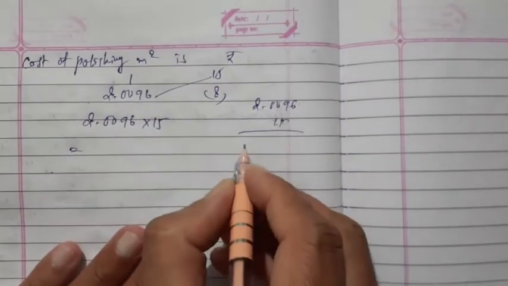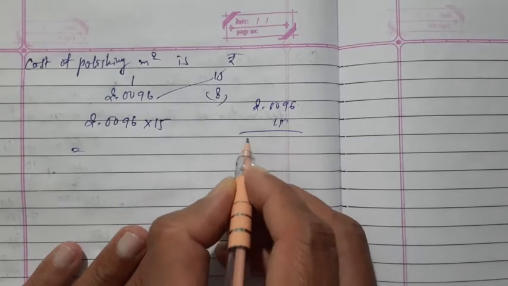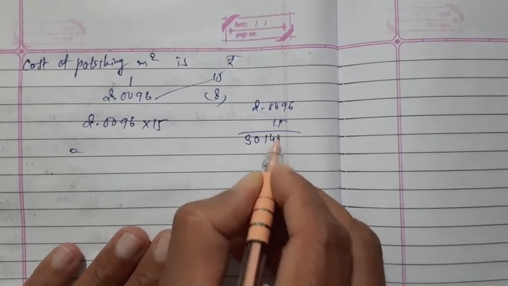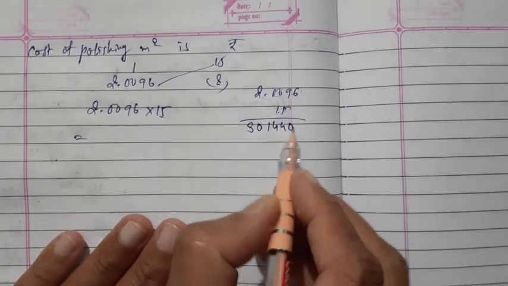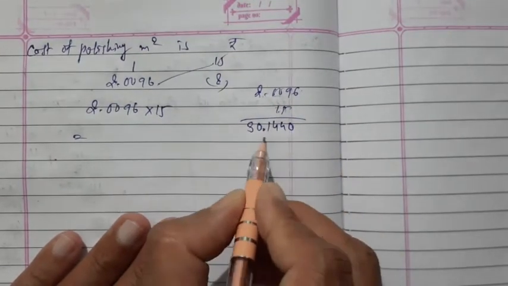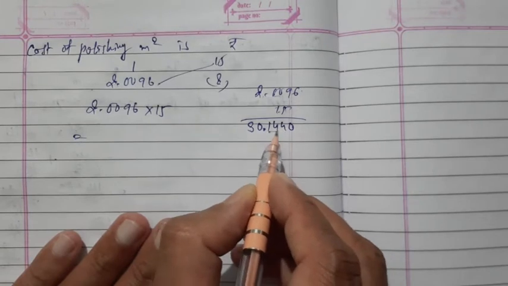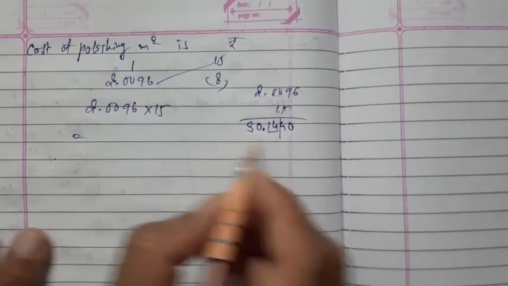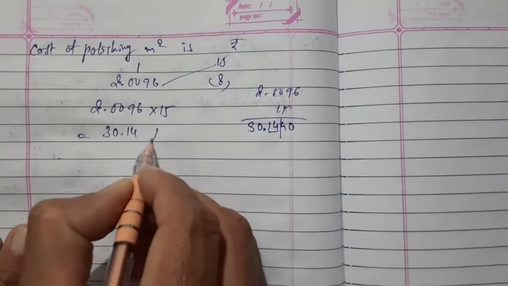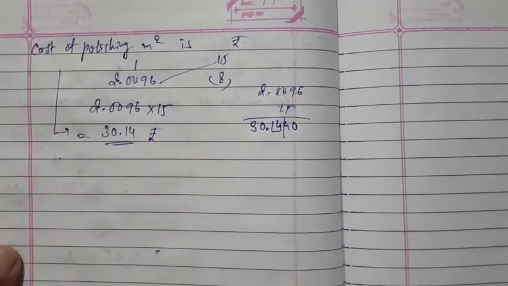So 2.0096 into 15, multiply them. I directly write down the answer. There are 4 digits, so put the decimal after 4 digits. And 1 rupee equals 100 paisa, so we take only 2 digits after the decimal, so approximately 30.14 rupees. Okay, that is the cost.